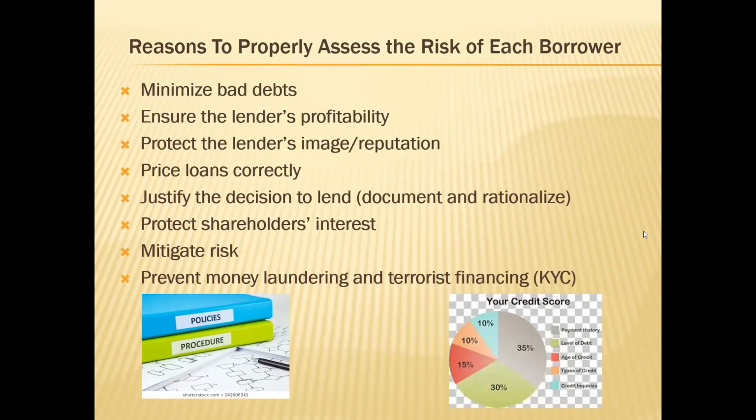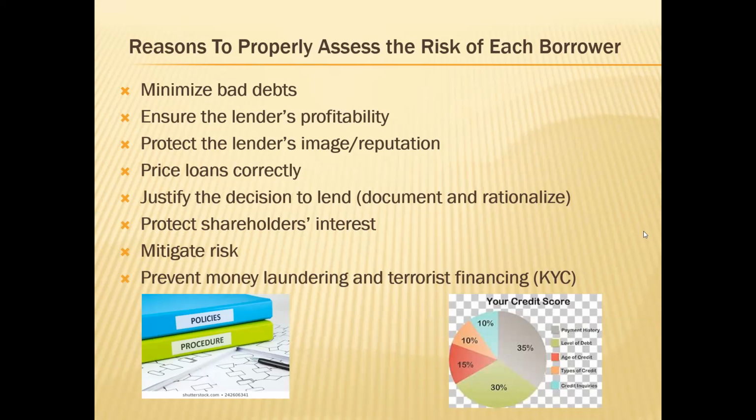Okay, start moving again. All right, so reasons to properly assess the risk of each borrower, because you want to minimize bad debts. You want to ensure the lender's profitability. You want to protect the lender's image and reputation. You want to price your loans correctly. You want to justify the decision to lend.